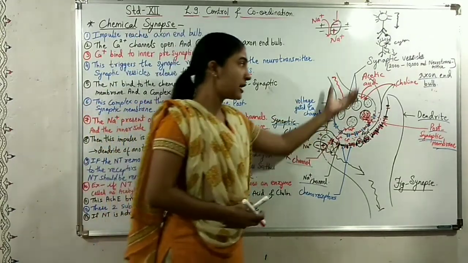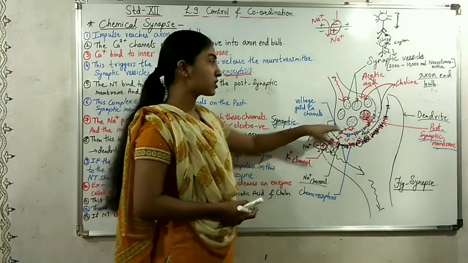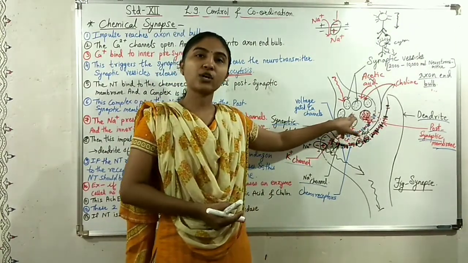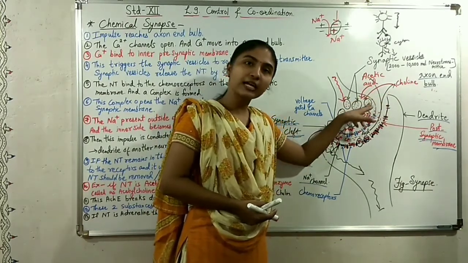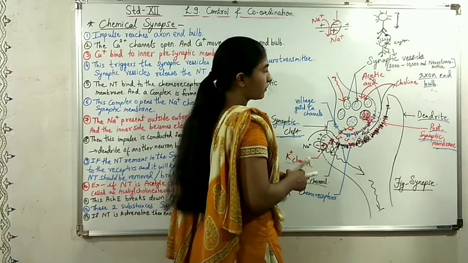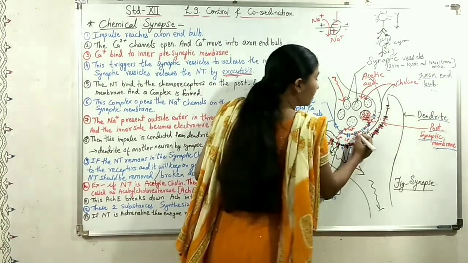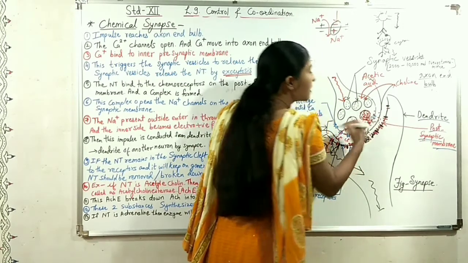Now this process is a one-way process. Why is it a one-way process? Because on the axon end bulb, on the presynaptic membrane, calcium channel gates are present.